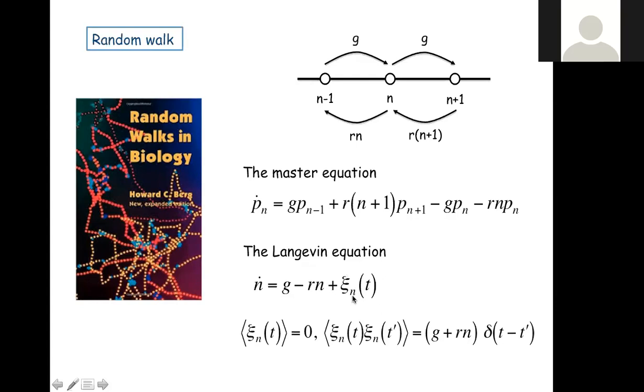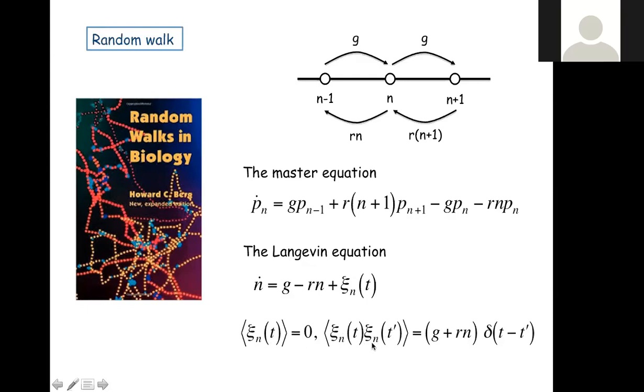Here n is just the index, it could be anything. Since xi is a random process, it should have some statistical properties. Any random process must have some statistical properties for its complete description. So the average of xi n is 0, so it has zero mean, and the variance, the two-time correlation, if we put t equals t prime, gives us xi squared.